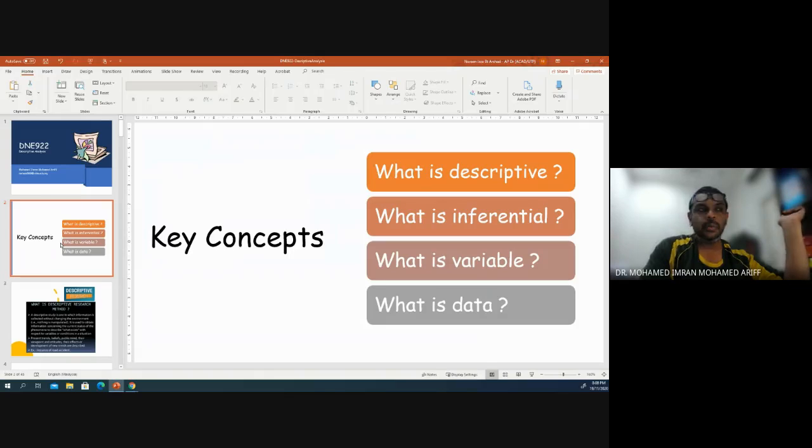Okay, from then we also need to understand what is our variable, and then what is our data. So with all of this, then we can proceed. We will understand more. So we start with descriptive, and then kita perlu faham juga what is inferential, and then daripada inferential, we need to understand what is variable and what is our data.